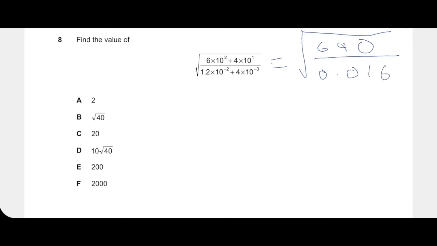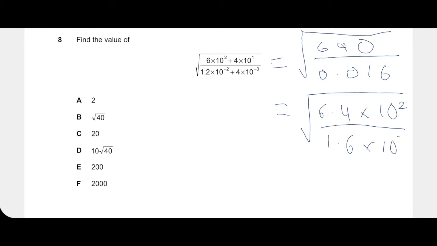And now I am going to put this all in standard form: 6.4 times 10 to the 2 over 1.6 times 10 to the minus 2.